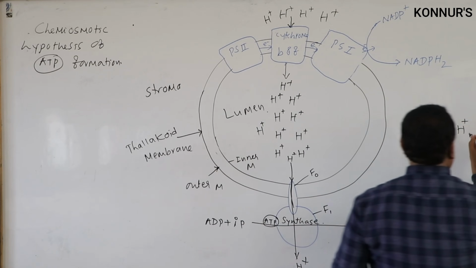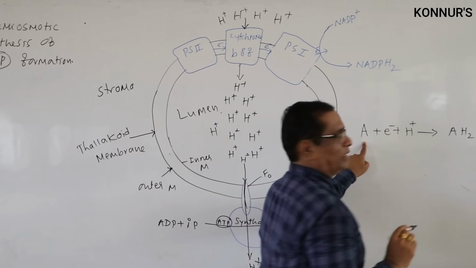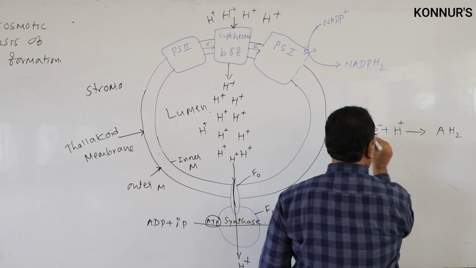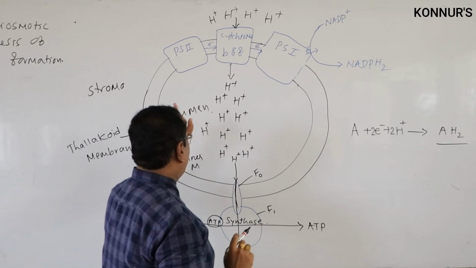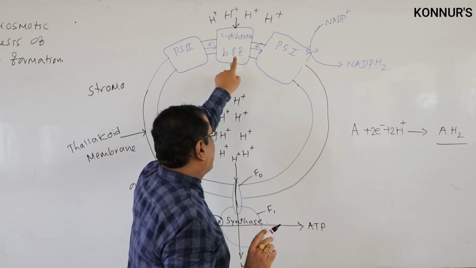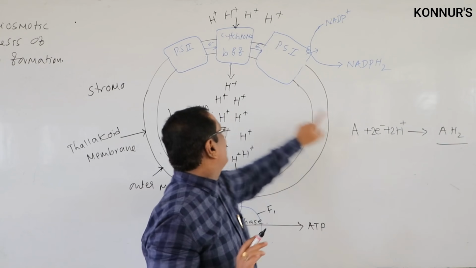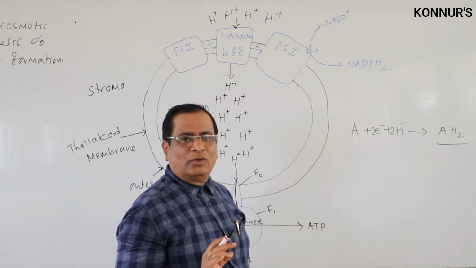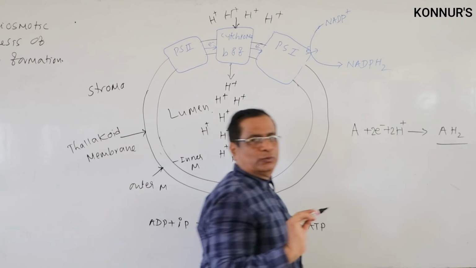This electron comes from photosystem second and a proton comes from the stroma, leading to the formation of AH2, reduced cytochrome B and F. To balance this, 2 electrons, 2 protons. It gets reduced. Remember this point: whenever electrons come to cytochrome B and F, I consider B and F as A. Whenever the electron comes, protons from the stroma come to that complex, so that A gets reduced into AH2.